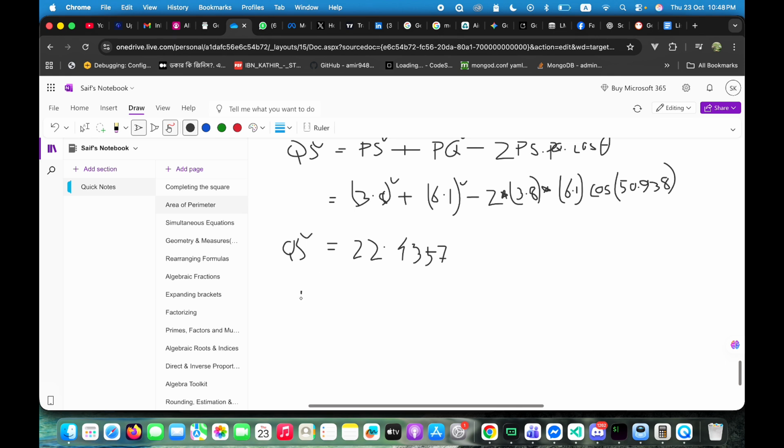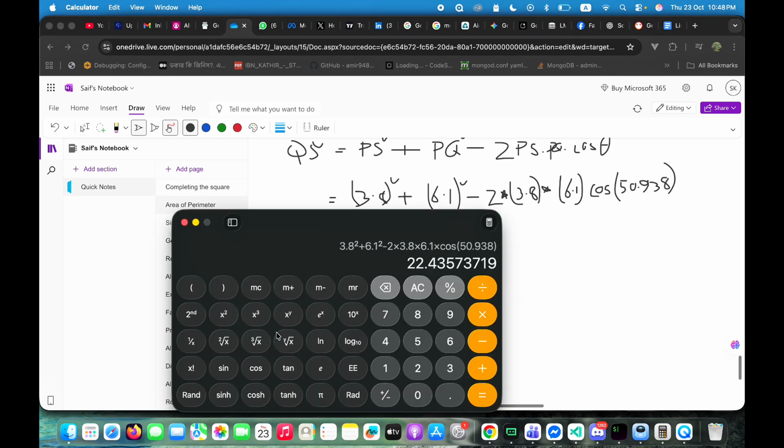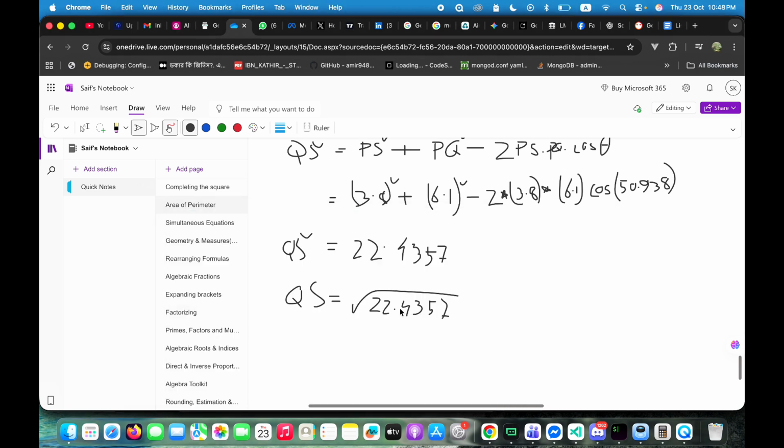We have to find the value of QS, so we would have to take the root of the value. Root of 22.435719 is 4.7366.